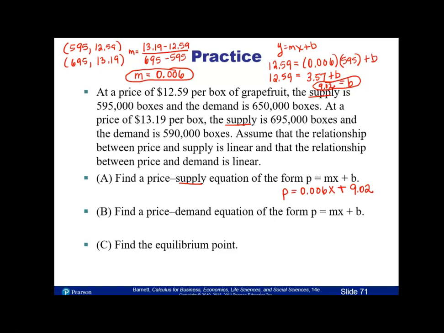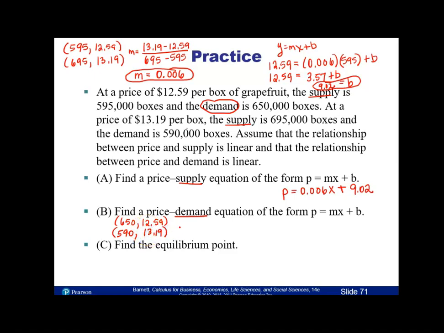Okay, now we're going to do the same thing, except with the demand. If I'm looking specifically at the demand, the demand is 650 for a price of $12.59, and the other is 590 for 13.19.